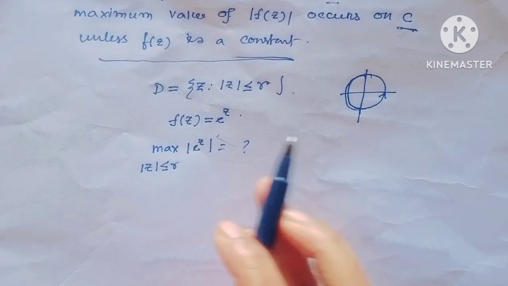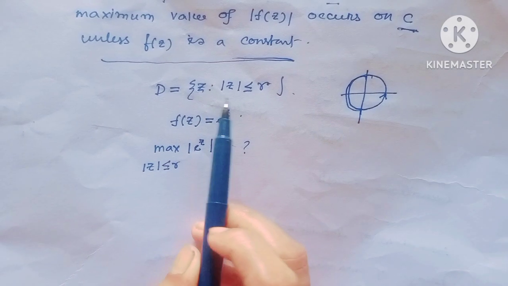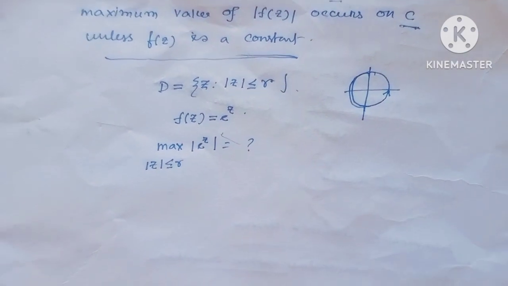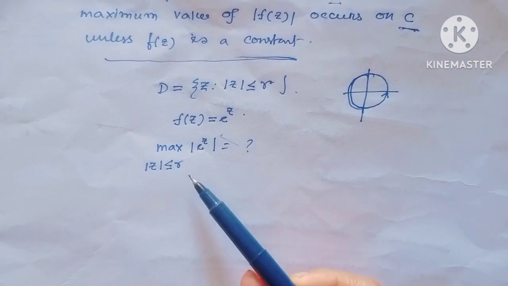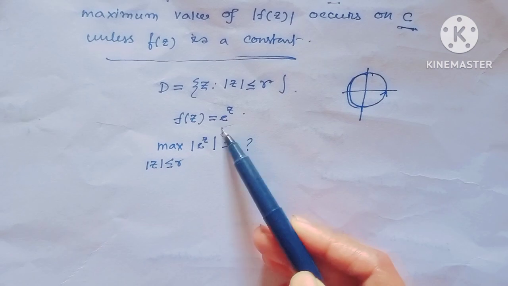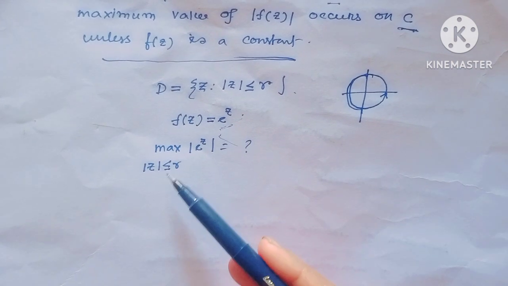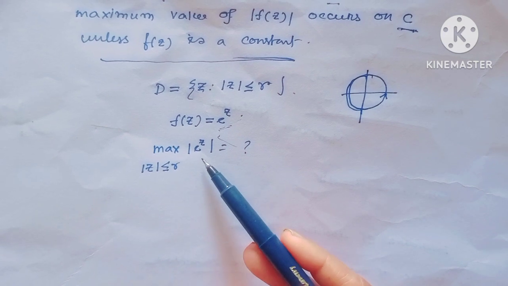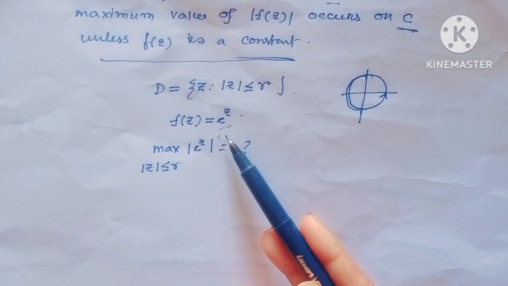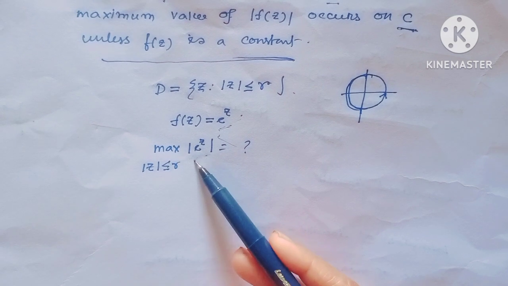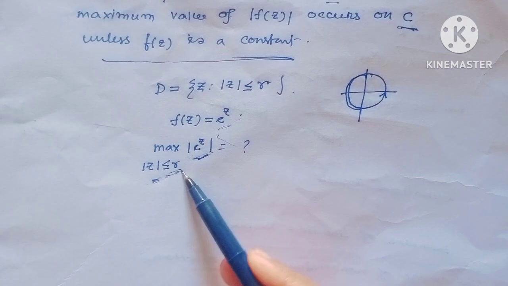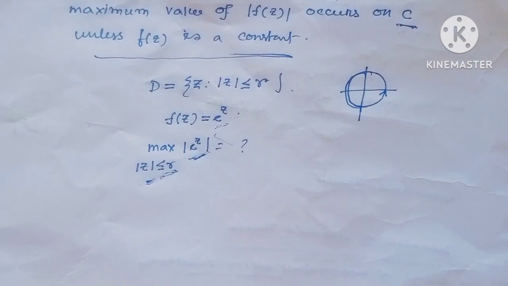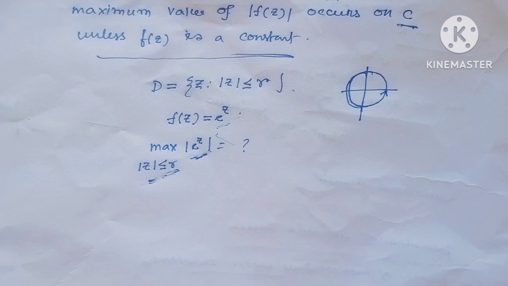For example, consider the domain D equal to the set of z such that the modulus of z is less than or equal to R. Here the function is e to the power z, and the question is what is the maximum value of this function on this domain.